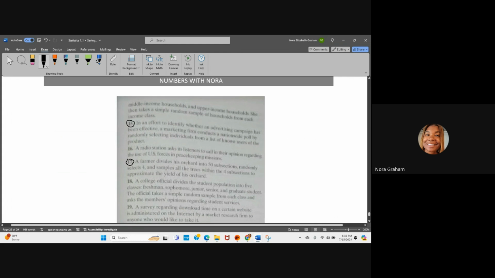In an effort to identify whether an advertising campaign has been effective, a marketing firm conducts, that's again, a marketing firm is really important, conducts a nationwide poll by randomly selecting individuals from a list of known users of the product.